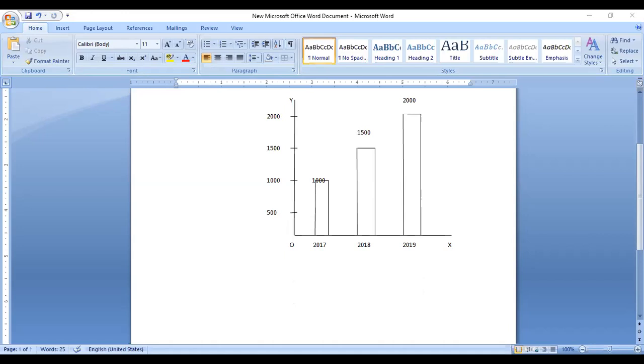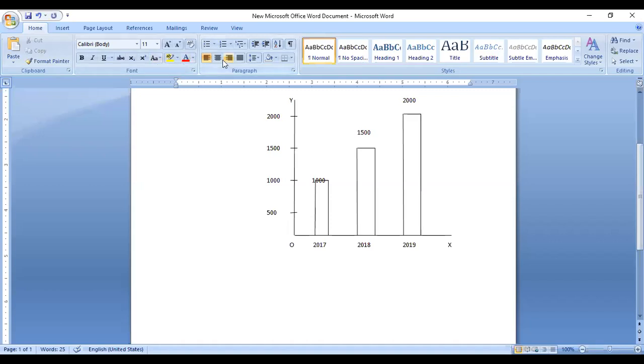Now you can see second one is subdivided bar diagram. How to draw subdivided bar diagram? Second diagram is subdivided bar diagram. How to draw? We will see. Okay.